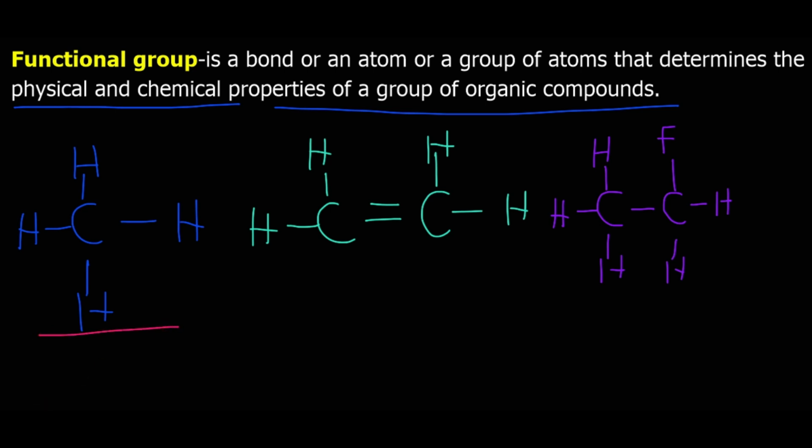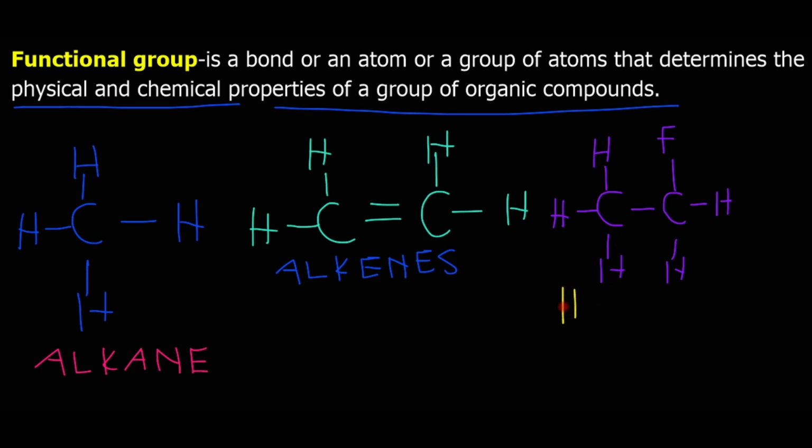This compound is called an alkane, it falls under a group called the alkanes. But don't worry about these names, we'll discuss these names later on. And then this one falls under the group of alkenes. And then this one falls under the group of haloalkanes.